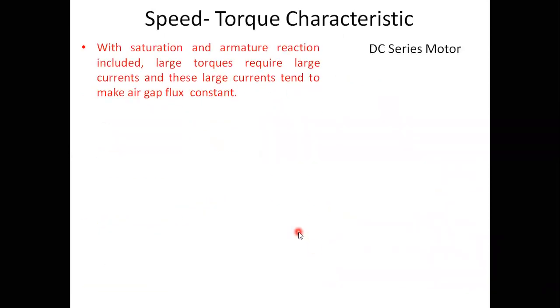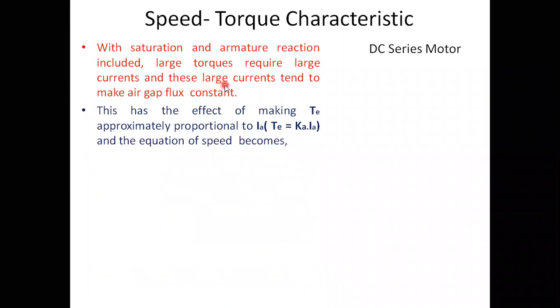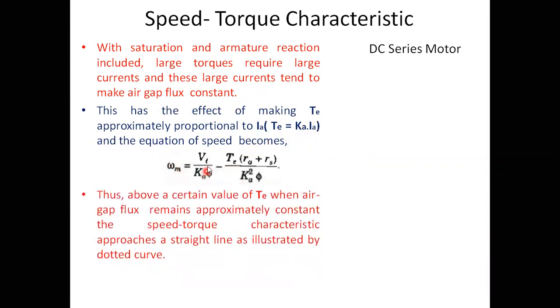When saturation and armature reactions are included, large torque requires large current, and thus large current tends to make the air gap flux constant. Thus, T is approximately equal to K Ia, and the equation of the speed becomes omega m is equal to Vt by K minus T into (Ra plus Rs) by K square phi.